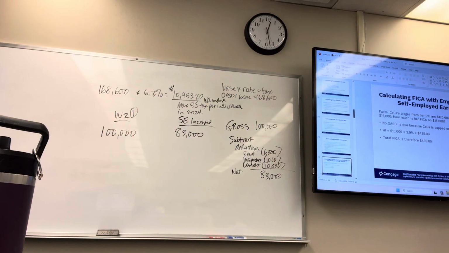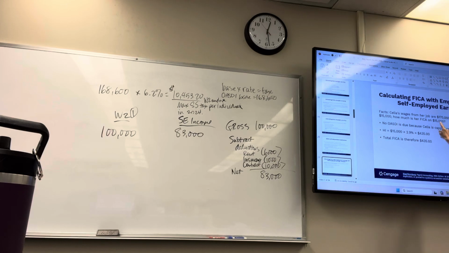but she's got a side hustle and her net income from the side hustle is $15,000. This means that of that $15,000, none of it is subject to Social Security tax. It's only going to be subject to Medicare tax. And she doesn't get up to the additional Medicare tax threshold because her total income is $185,000.